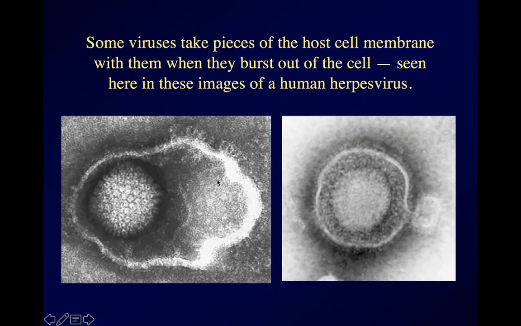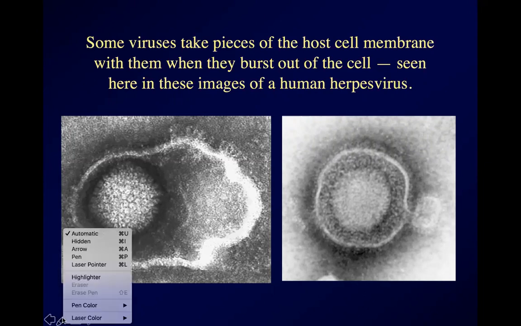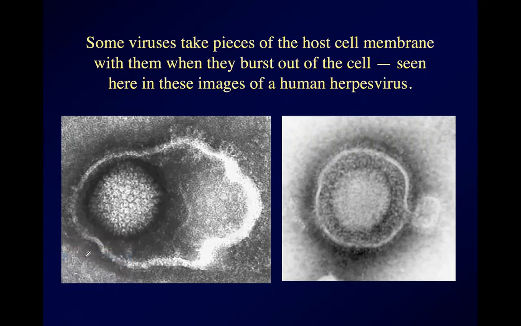These are pictures of a human herpes virus. One type of herpes virus causes genital herpes. Other varieties cause cold sores, and I don't happen to know which one this is, but the capsid is right there. At this level, you can even see the individual protein molecules that are packed together to make up that capsid.